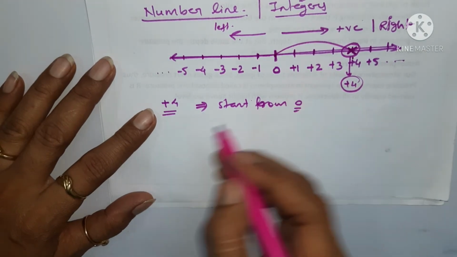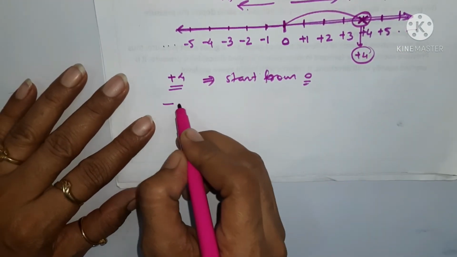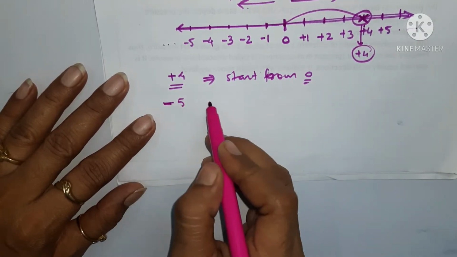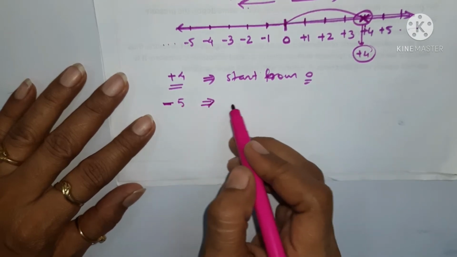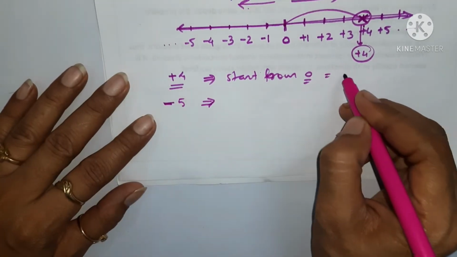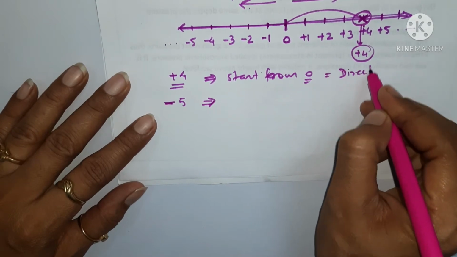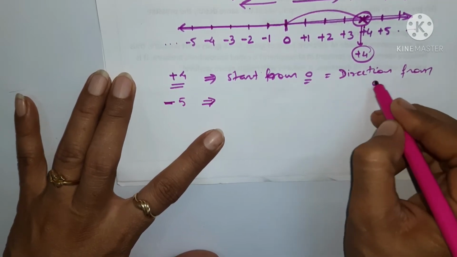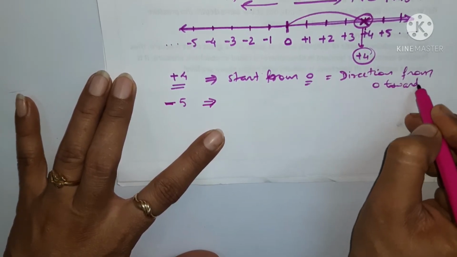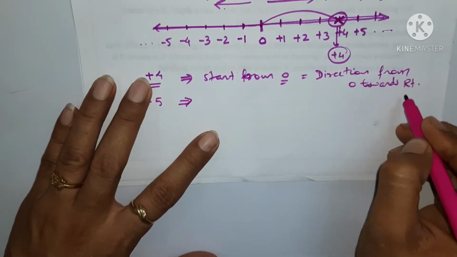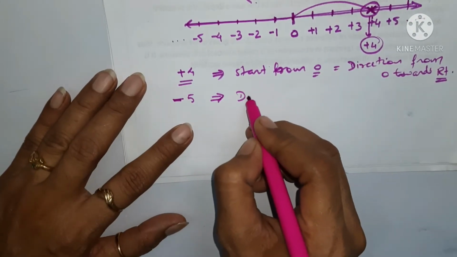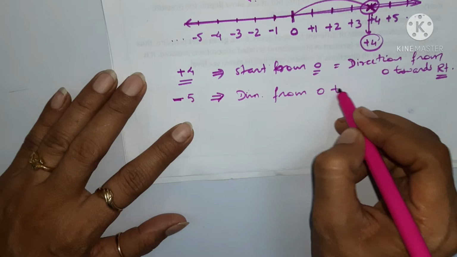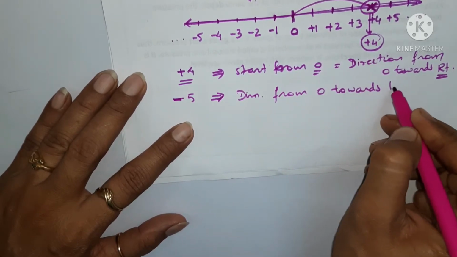Understood? Similarly, if you have to show -1 or suppose -5, since it is minus, your direction should be from 0 towards left. Here the direction was from 0 towards right, whereas in this case the direction is from 0 towards left.